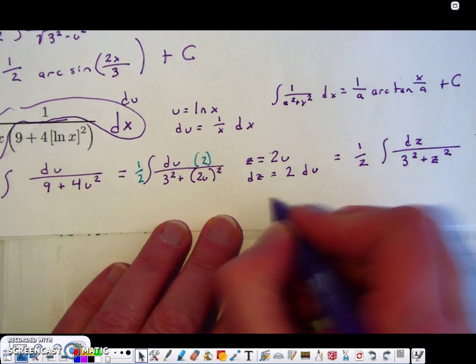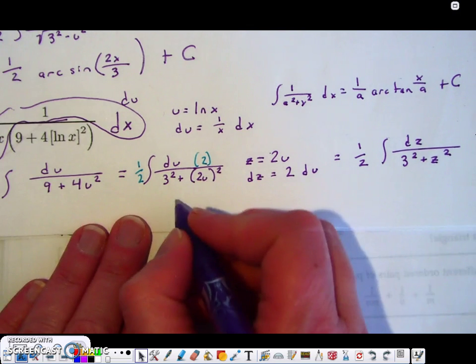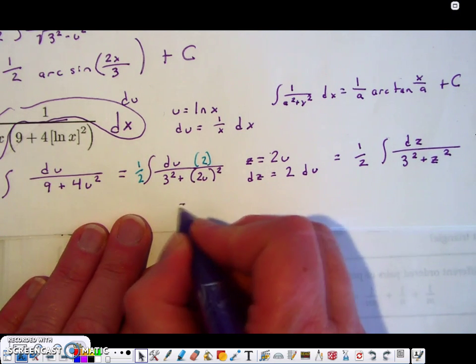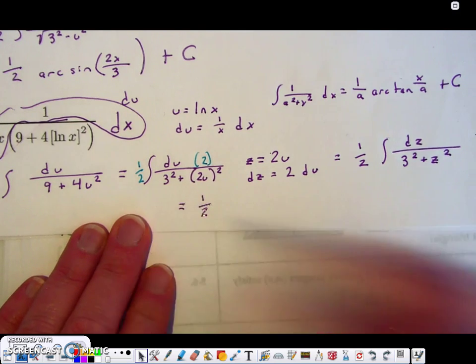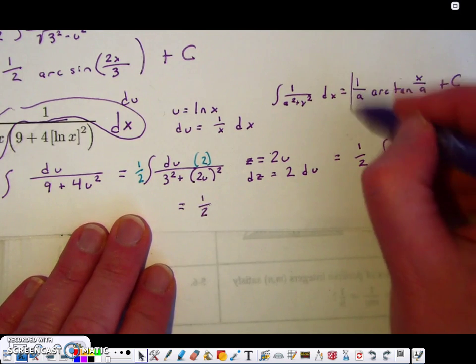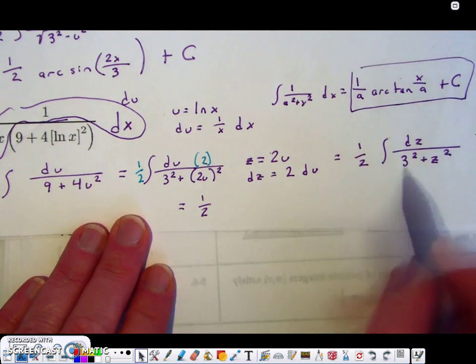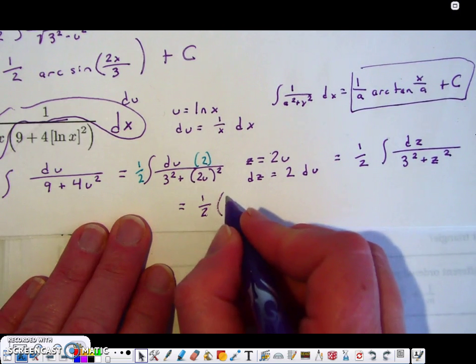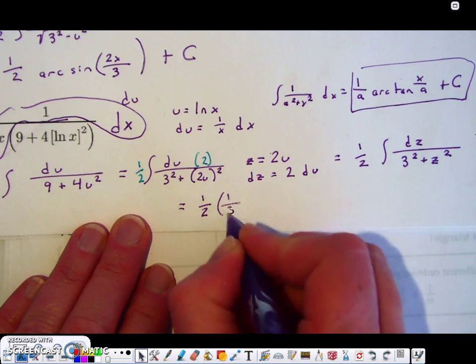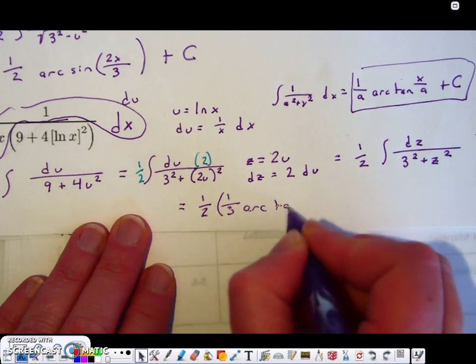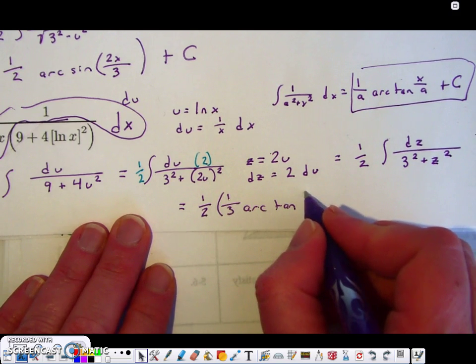Afraid I'm losing Leon over there. All right, so 1/2, now I'm using this formula. So it's 1 over what? Arctan of z over 3. Do you want to go ahead and put what z is?